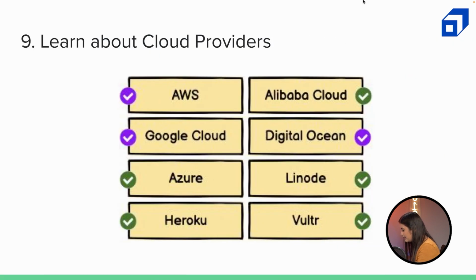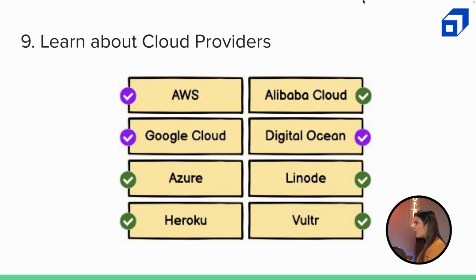And step number 9 is cloud providers. Obviously, as a DevOps engineer, even if you are a complete beginner in the tech domain, you would have heard about cloud providers like AWS, Alibaba Cloud, DigitalOcean, Linode, Azure.